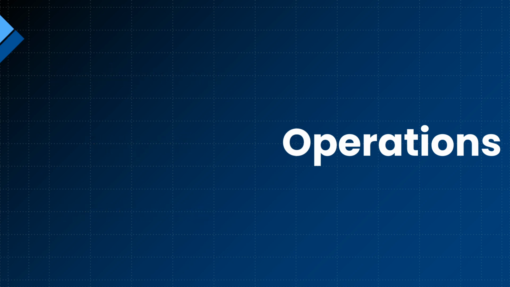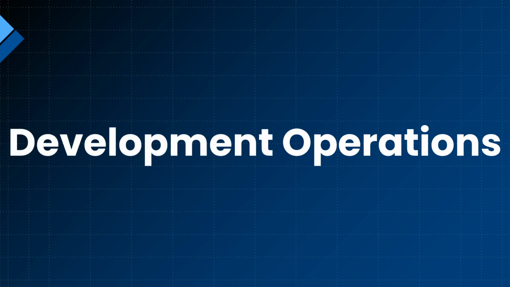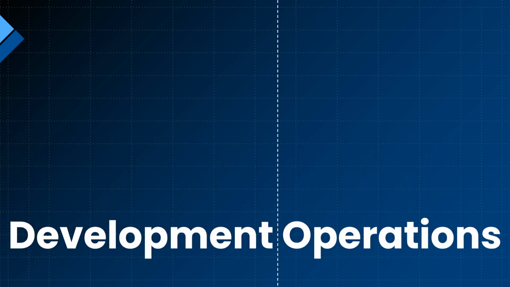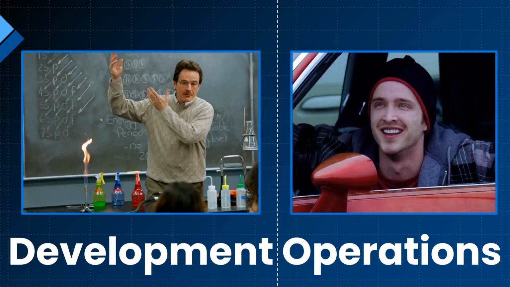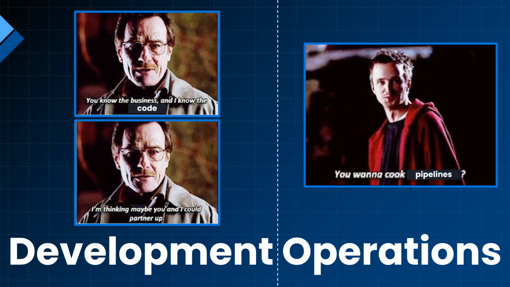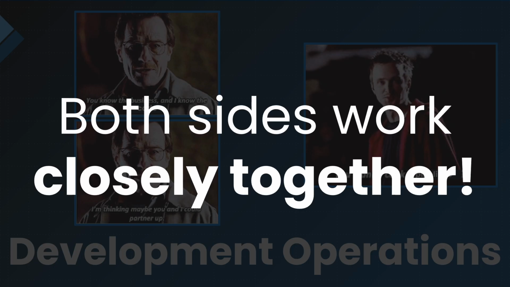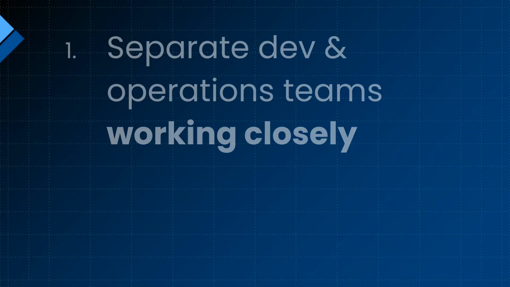With development and operations, they often used to be done by very separate teams. With DevOps, we're aiming to change that. Instead of having one side that is completely on its own, they work together, right? The development and operations people work closely together and break down those barriers between them. There are typically 2 ways this happens.